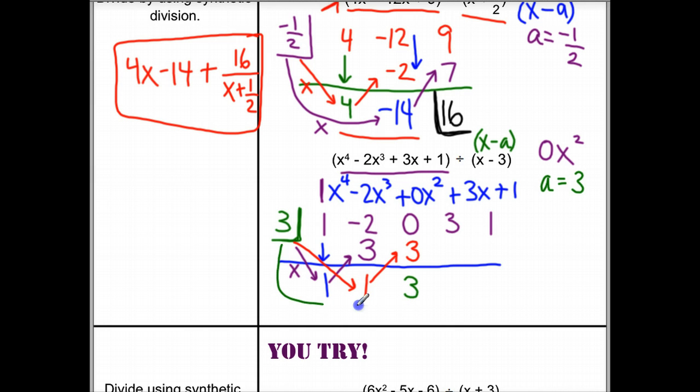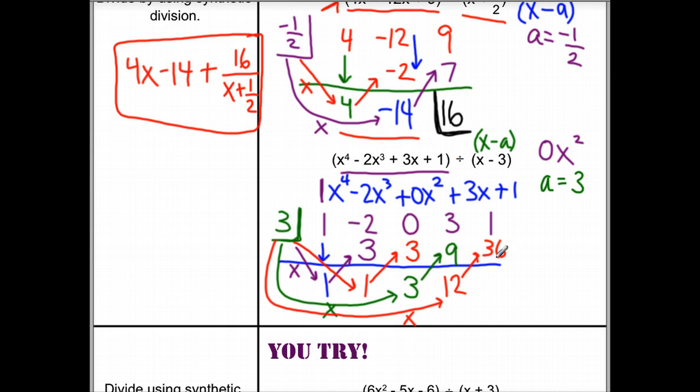Now we're going to do 3 times 3, which is 9, and we move that up here. 3 plus 9 is 12. And then one last time we do 3 times 12, which is 36, and we move it up here.